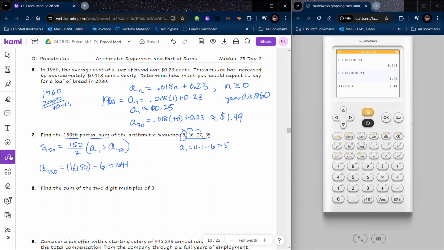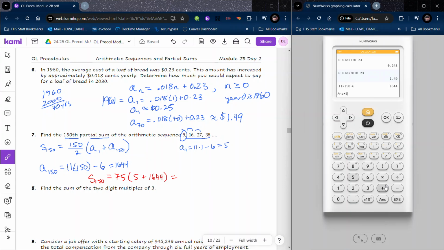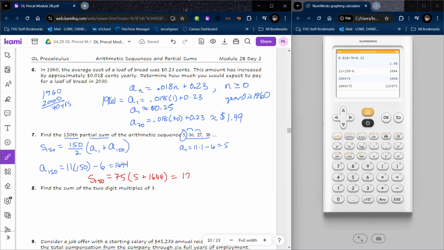So what's going to be my sum of the first 150 terms? My 150th partial sum will be 150 divided by 2, which is 75, times the first term plus the last term. If I use my calculator, let's add 5 to 1644, and multiply that number by 75, and that number would be 123,675.